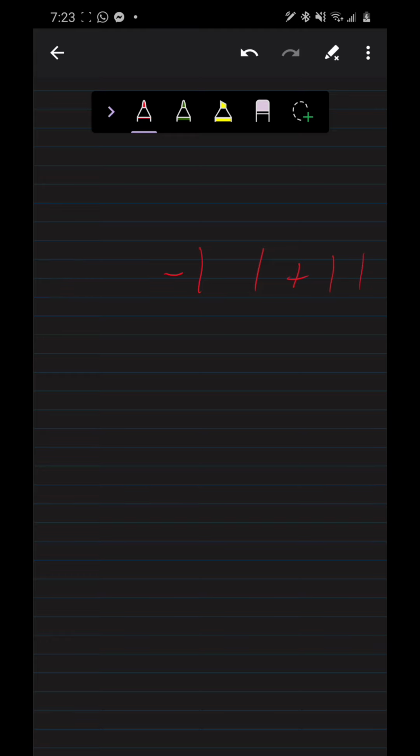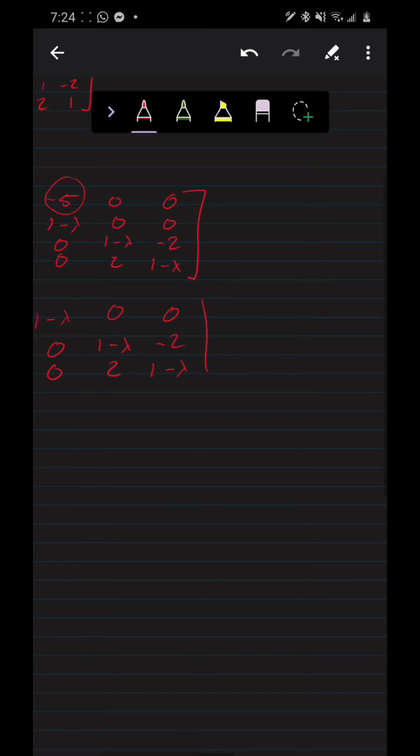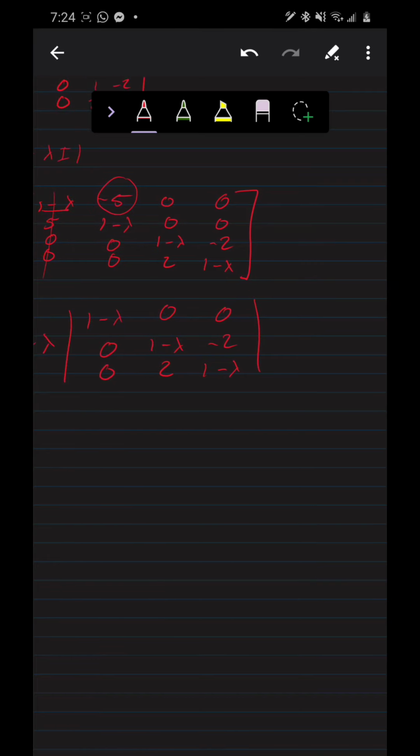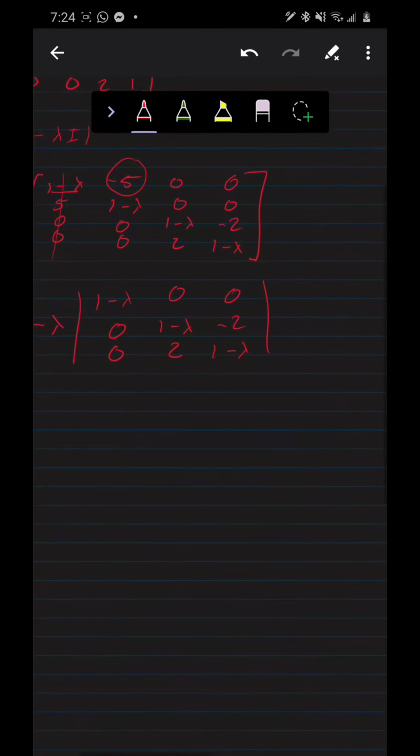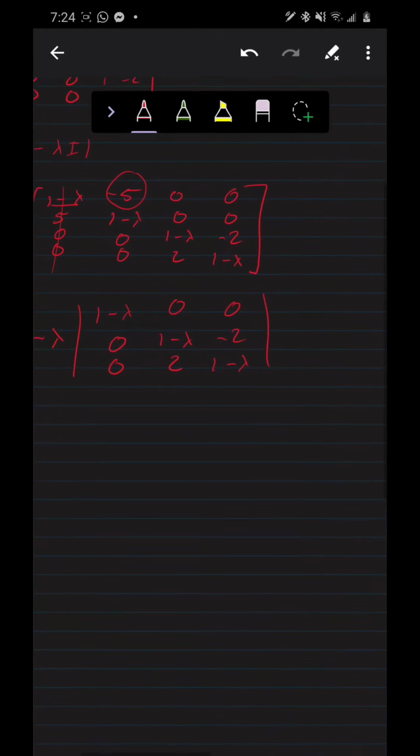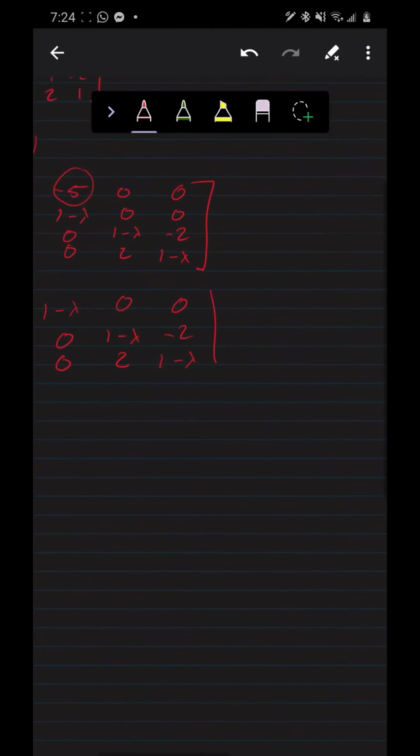So for this, let me delete this. Then for this equation, since this is negative, it's going to be negative 5. So it's pretty much positive. Let me just put it positive right off the bat.